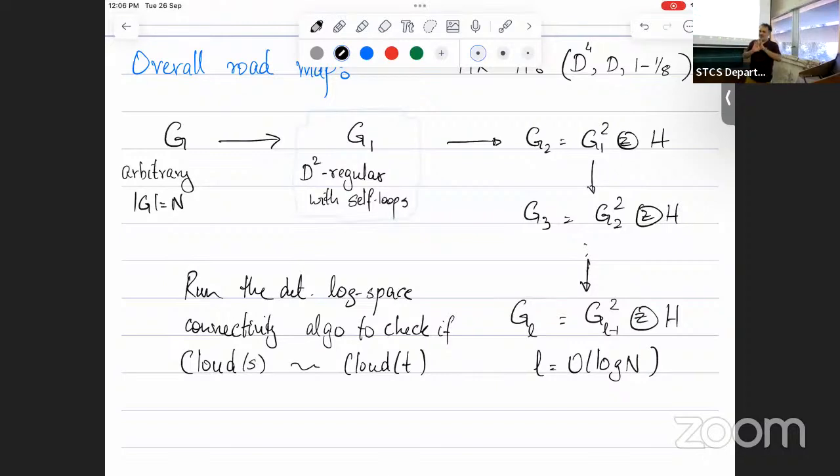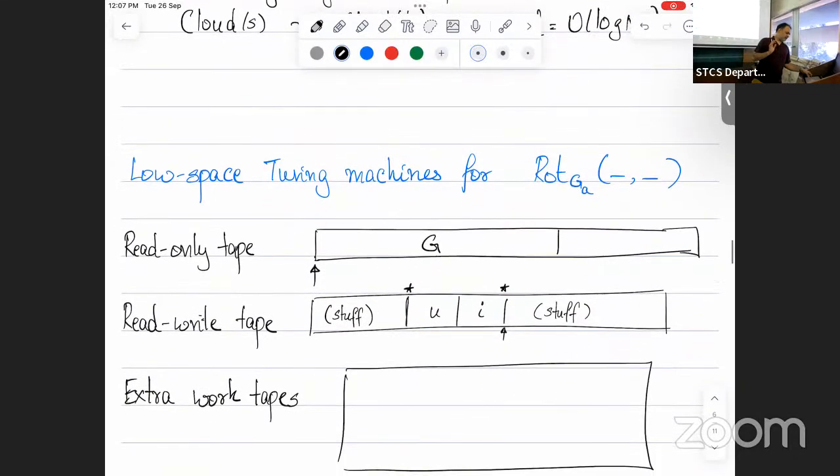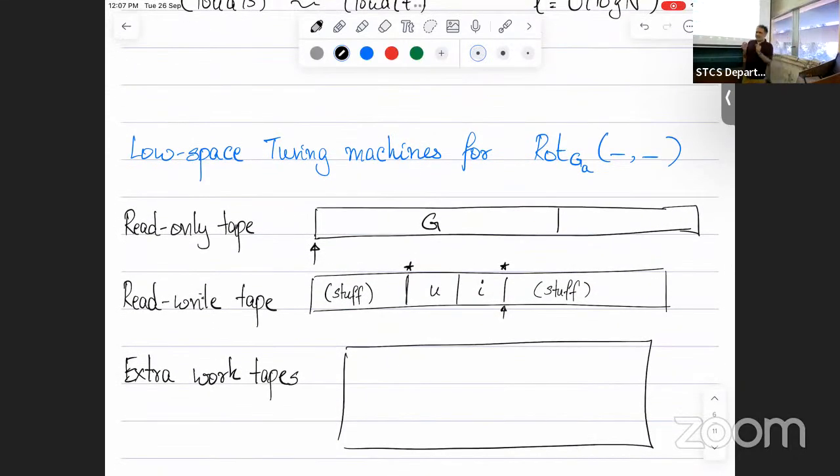We want to systematize the way in which we talk about these algorithms so that it's clear that this algorithm uses this much space. I'm going to do that in a maybe slightly painful way, but it is going to clean up what we want to say later on.